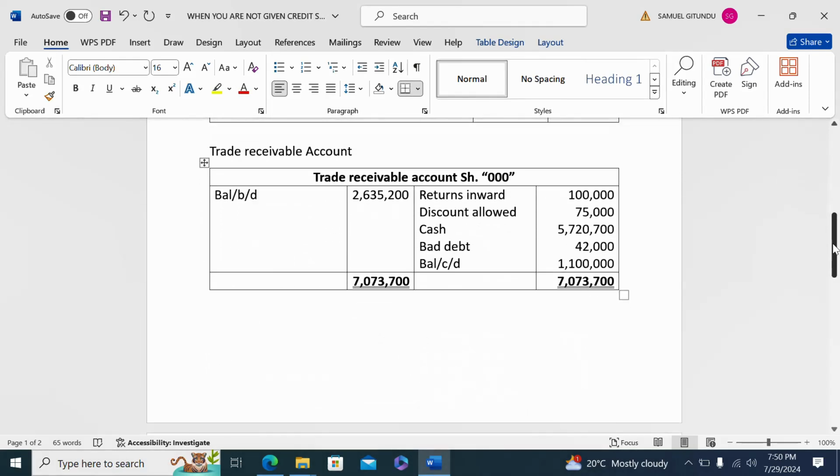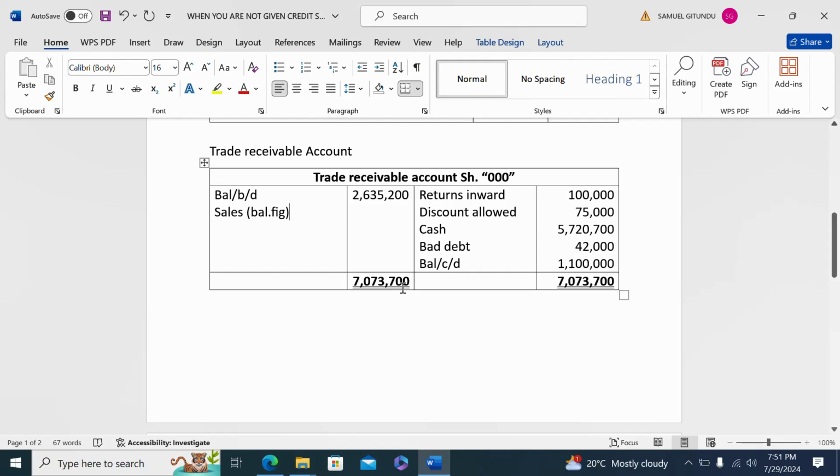So sales is the balancing figure on this side. So let us say sales is the balancing figure on the debit side of the trade receivable account.